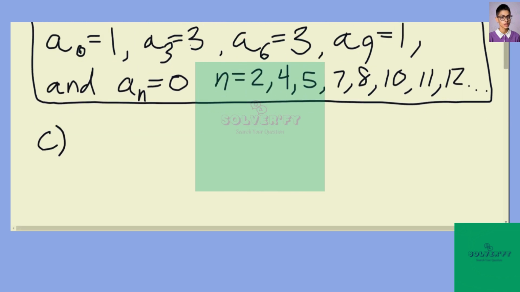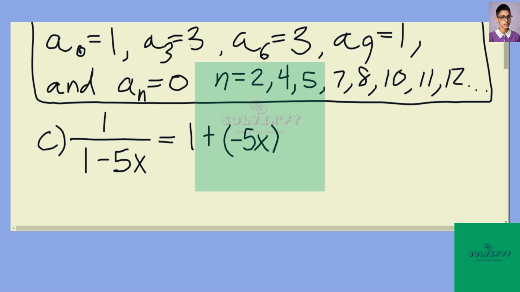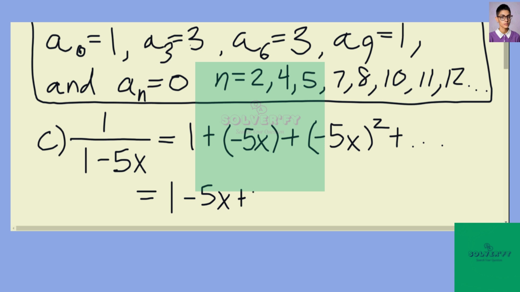In part C, you're given the generating function 1 over 1 minus 5x. By a theorem, we have that this is equal to 1 plus (-5x) plus (-5x)^2, and so on. And this is going to be equal to 1 minus 5x plus 25x^2 minus, and so on.